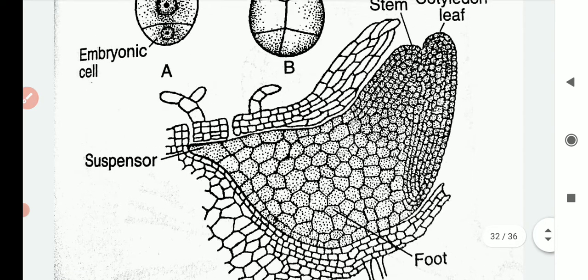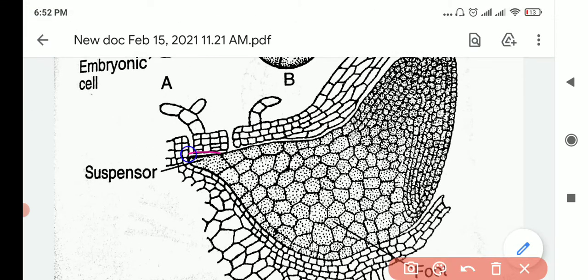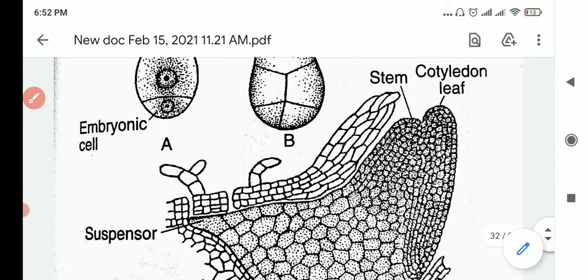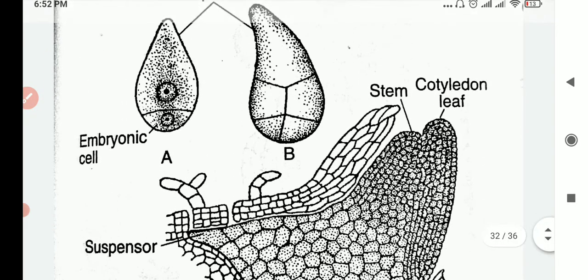See, this suspensor has remained a single cell. In A and B, this suspensor cell remains the same, but here the embryo keeps on dividing so much. And then you see the new bud coming out, the cotyledon of the leaf.